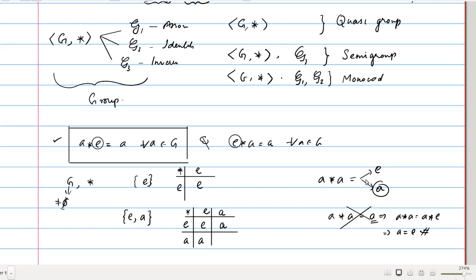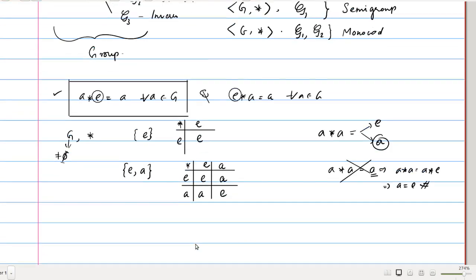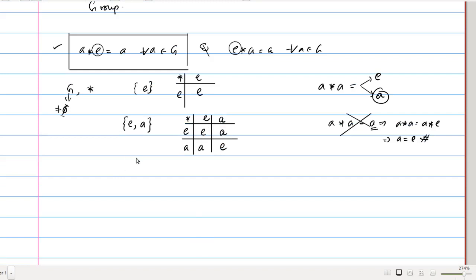The only remaining possibility is A star A is equal to E, so we fill it with E. This is the only possible group structure with two elements. That means if a group contains two elements, then the only possible binary operation is this one. You cannot define more than one binary operation on that algebraic structure which gives a group.